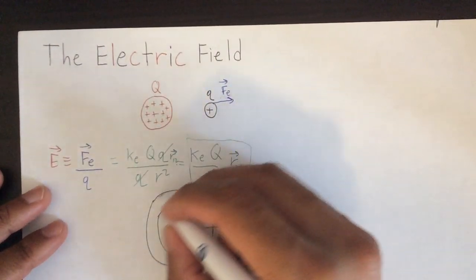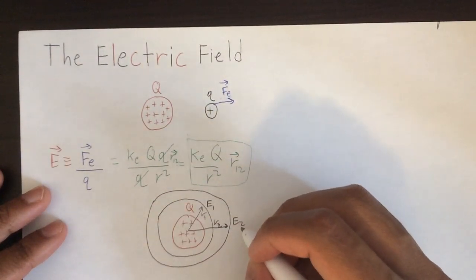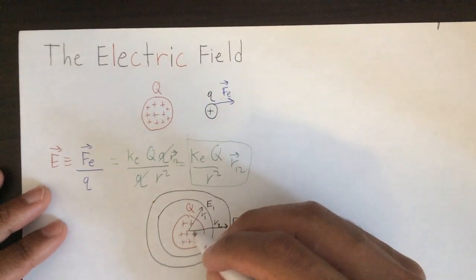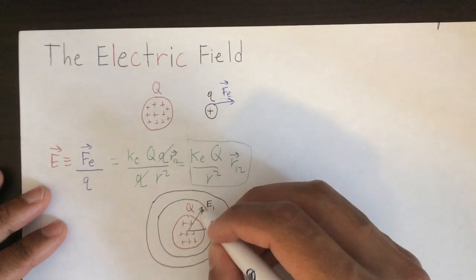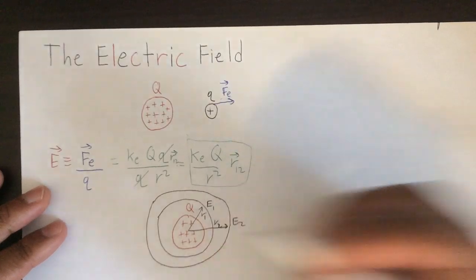The magnitude of the electric field on this circle line is going to be equal to E2, and the magnitude of the electric field in this smaller circle is going to be equal to E1 for this radius R1.